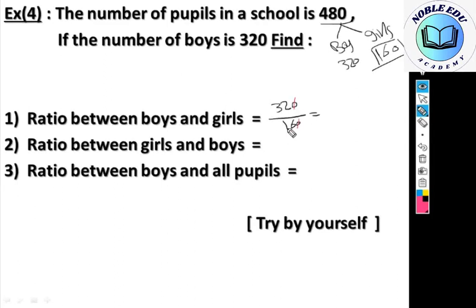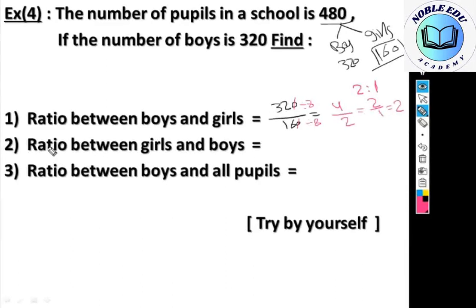And 32 and 16 are in the 8 table, so divide both numbers by 8. 32 divided by 8 equals 4 and 16 divided by 8 equals 2. Now I have 4 over 2 equals 2, or you can divide both numbers by 2 to get 2 over 1, which means 2. If you want to write 2 as a ratio, you can write 2 to 1.